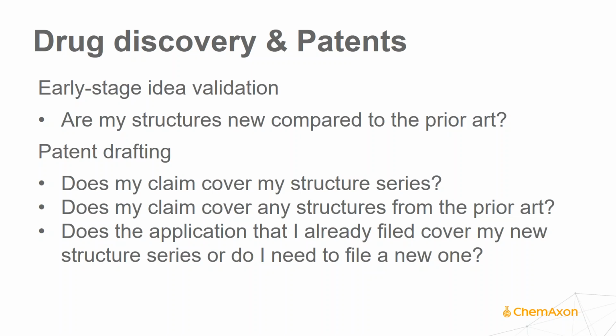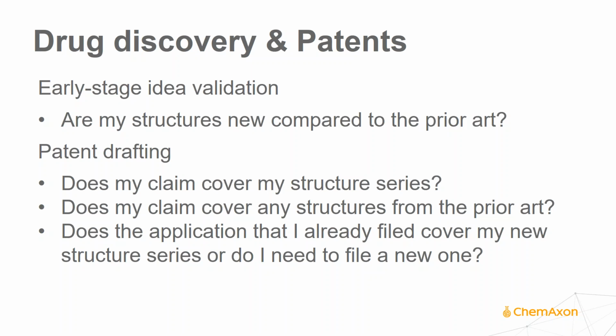And in the later phase, if you have a new compound ID, you need to know whether the already filed patent covers it or not, or whether you need to file new patents. So the first question in the list, whether the structures are new or not, is the field of the traditional search engines like STN or CFinder or things like that, where you can identify quite easily and check your compounds and check the novelty against the database.